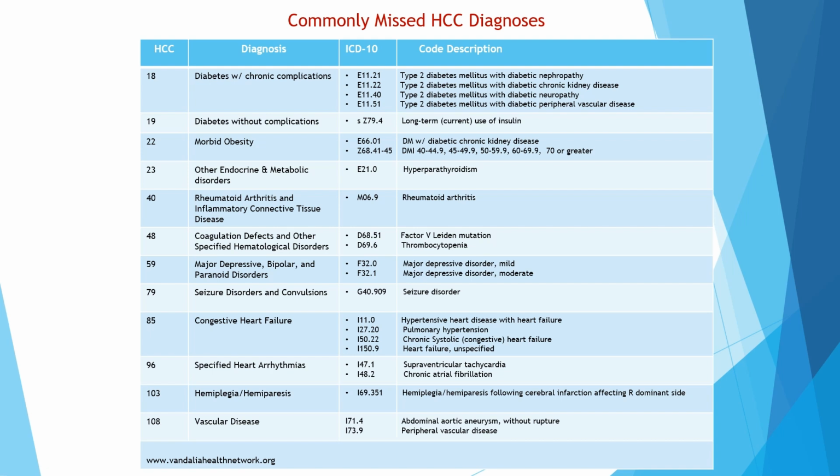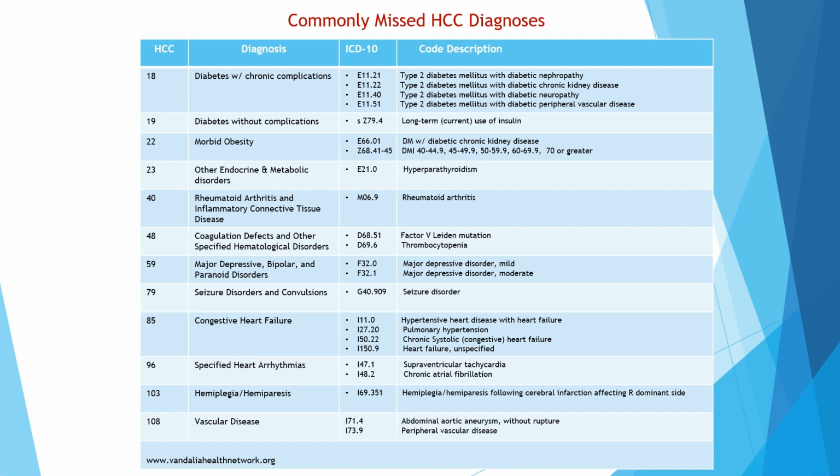E11.22, type 2 diabetes mellitus with diabetic chronic kidney disease. E11.40, type 2 diabetes mellitus with diabetic neuropathy. E11.51, type 2 diabetes mellitus with diabetic peripheral vascular disease.